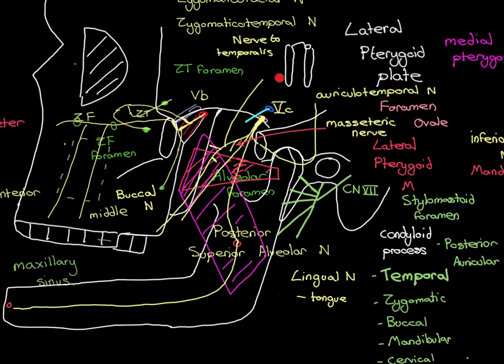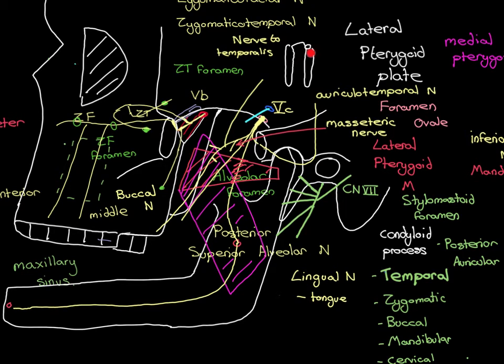If this was the left side, the left nasal cavity would be here, the nasal septum would be here. Then you'd have the right nasal cavity, and then the right side pterygoid plates. So on either side you have a lateral pterygoid plate and a medial pterygoid plate. We are seeing the lateral one here, and there is a groove in between the two pterygoid plates.